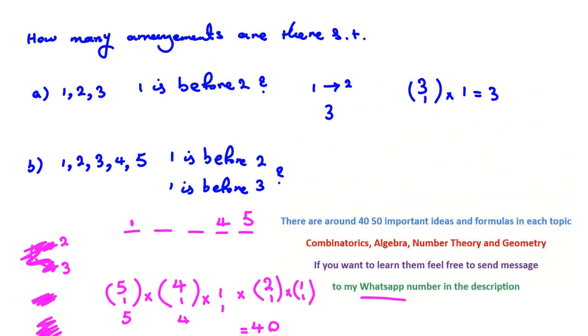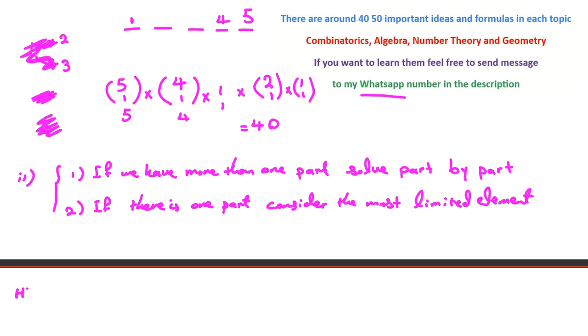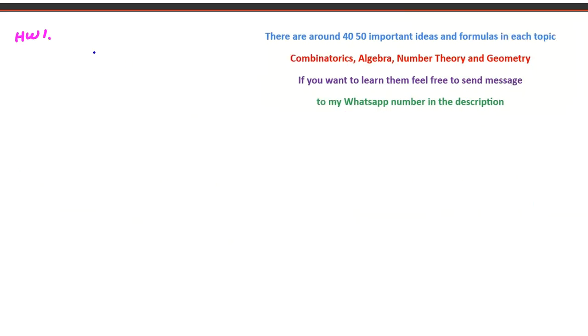Now that you know this, let me tell you a homework for these types of problems. Let's consider a part that is hard. Now suppose we have 1, 2, 3, 4, 5, 6, 7, 8, 9, 10.